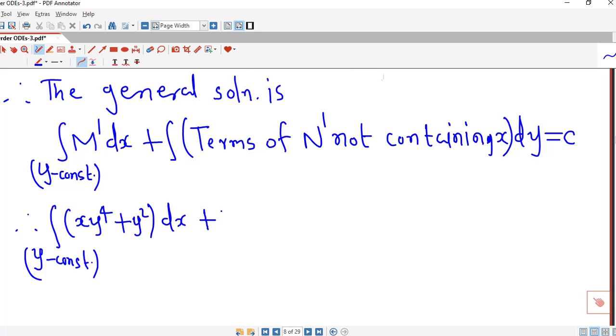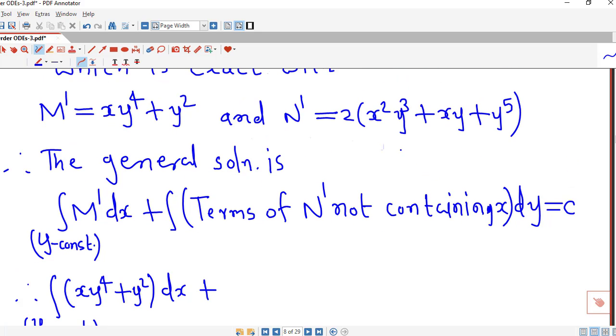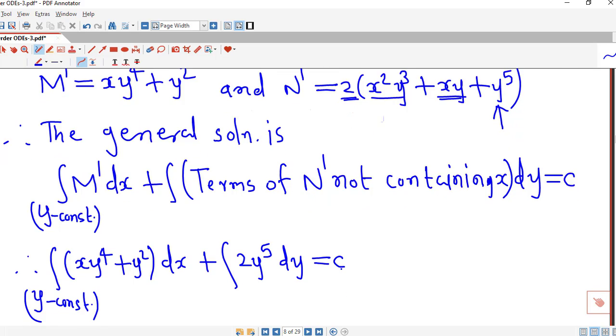Now we concentrate on N dash. So this term is dependent on x, this is also containing x. So this term does not contain x, and each term is multiplied with 2. So the term which does not contain x is 2 times y raised to 5. So here we integrate 2 times y raised to 5 with respect to y.